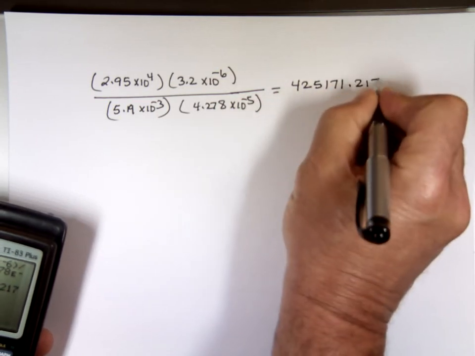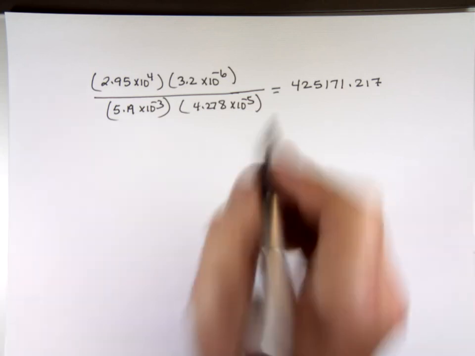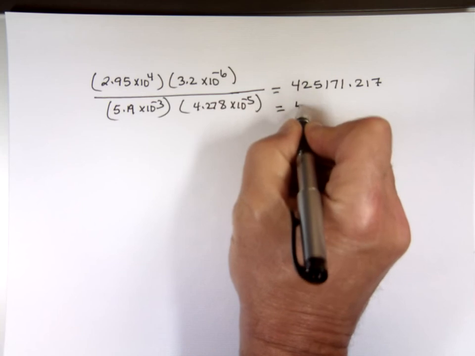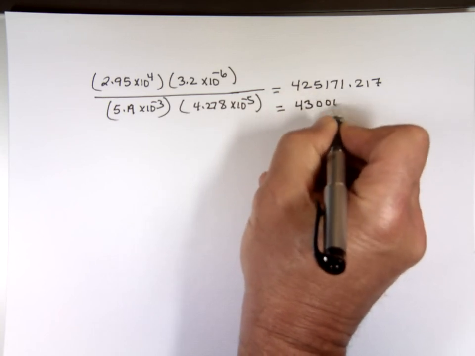42517.217. It didn't give me the answer in scientific notation. The least accurate number is what? 3.2. How many significant digits in it? 2. So I got to carry 2 significant digits. 4, 3, 0, 0, 0, 0.